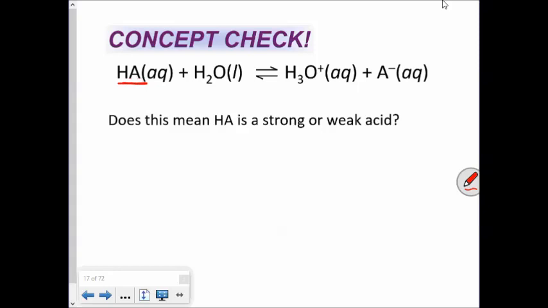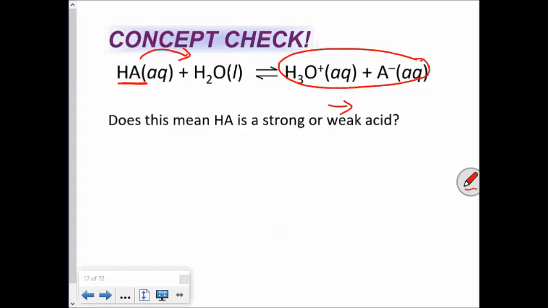You can't have a base accepting an H without something donating the H. So in order for that to occur, we need our HA on this side to be the stronger acid, causing the water to accept the H, and the equilibrium position being over here.